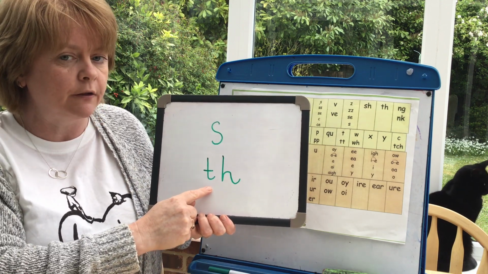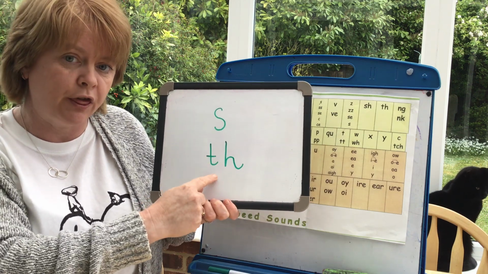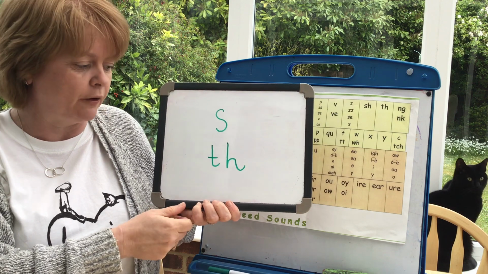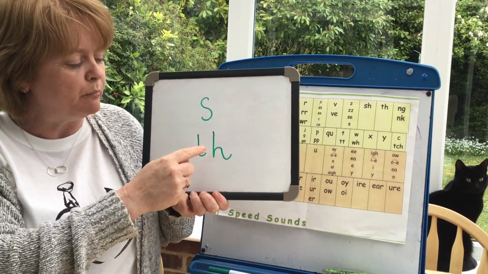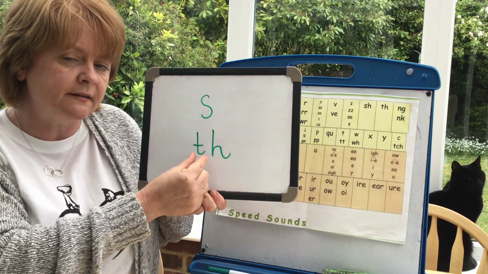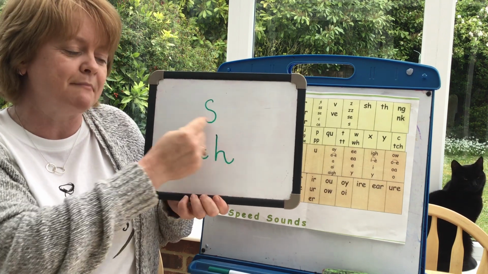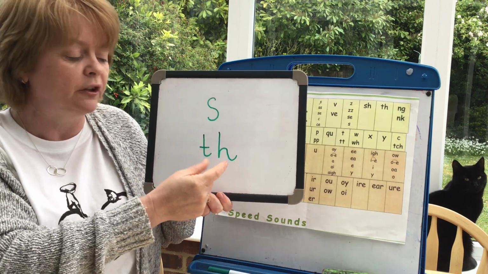We hear the phoneme th, we see th written like that as a grapheme. This is also a digraph because it's two letters written together and they make one sound. You don't hear t, you hear th.